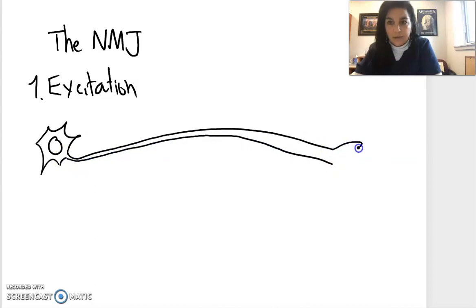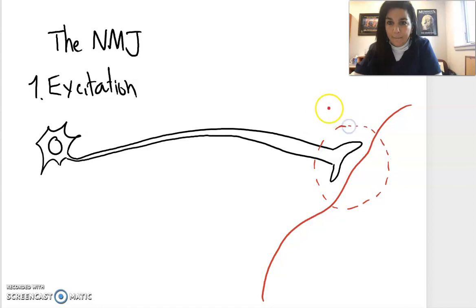I'm kind of exaggerating the end of it. The axon terminal is this end, and it arrives on the surface of a muscle cell. So this is the muscle cell, and this is what we call the neuromuscular junction. This is where things are going to happen.